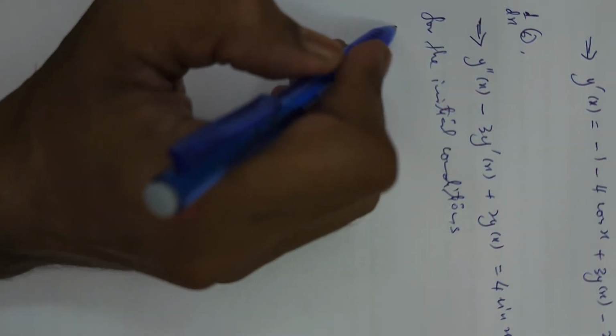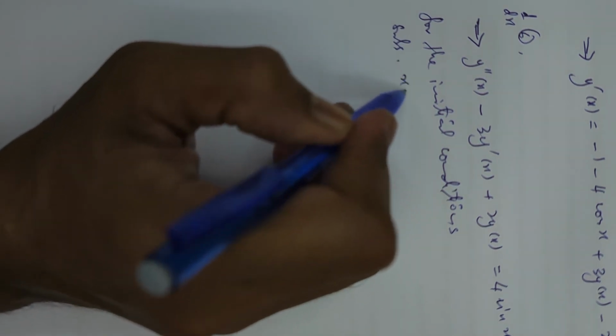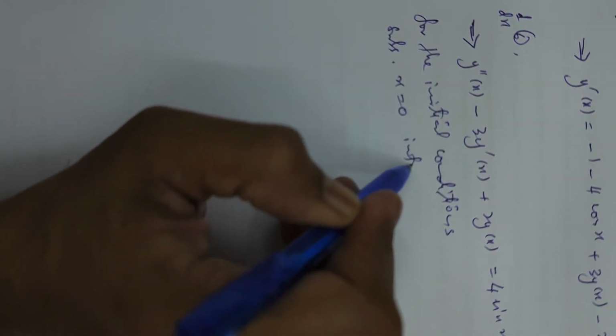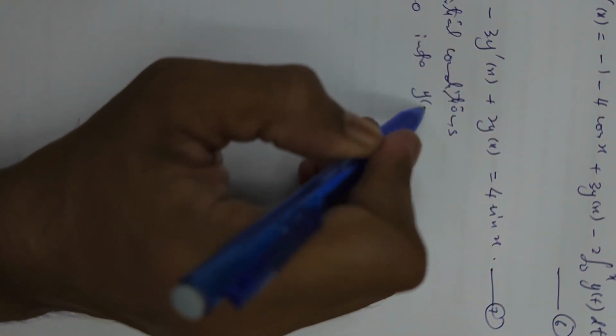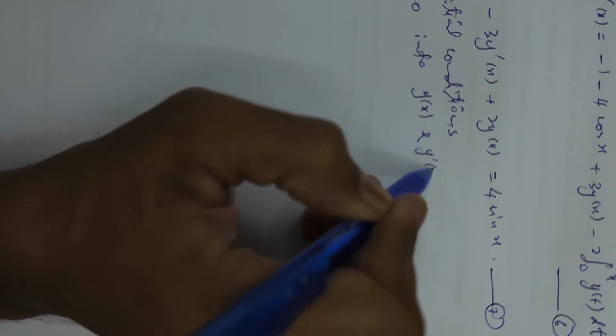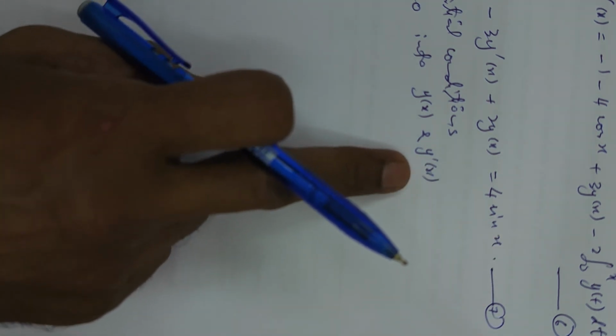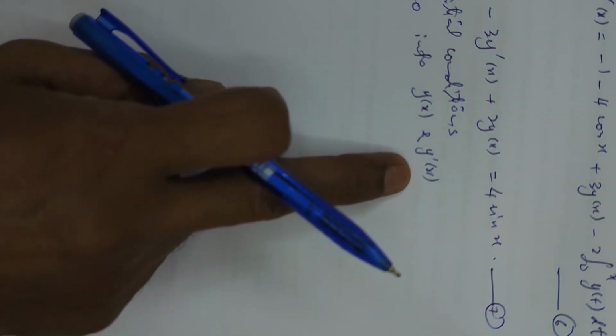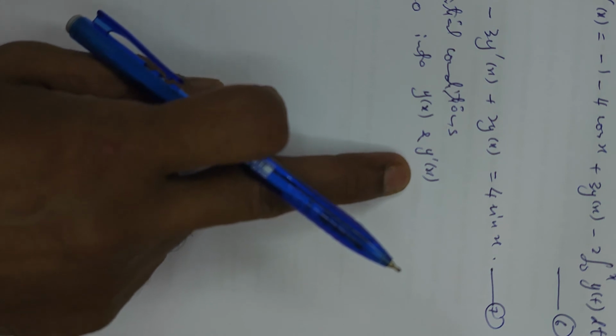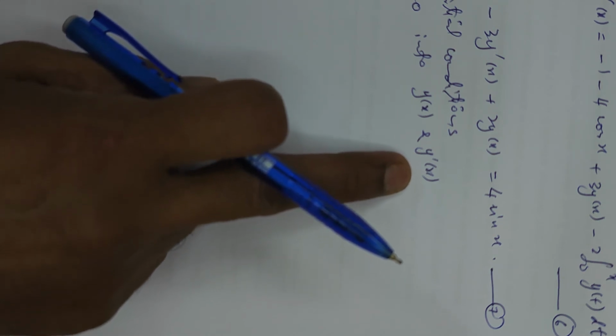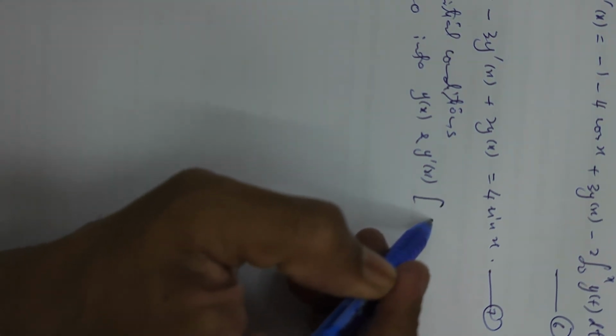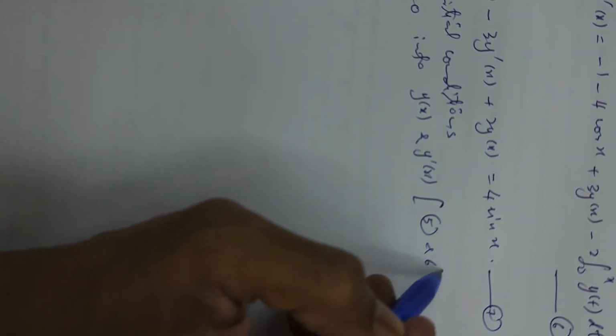Now for the initial condition, we substitute x equal to 0 into y x and y prime x, which is equation number 5 and 6.